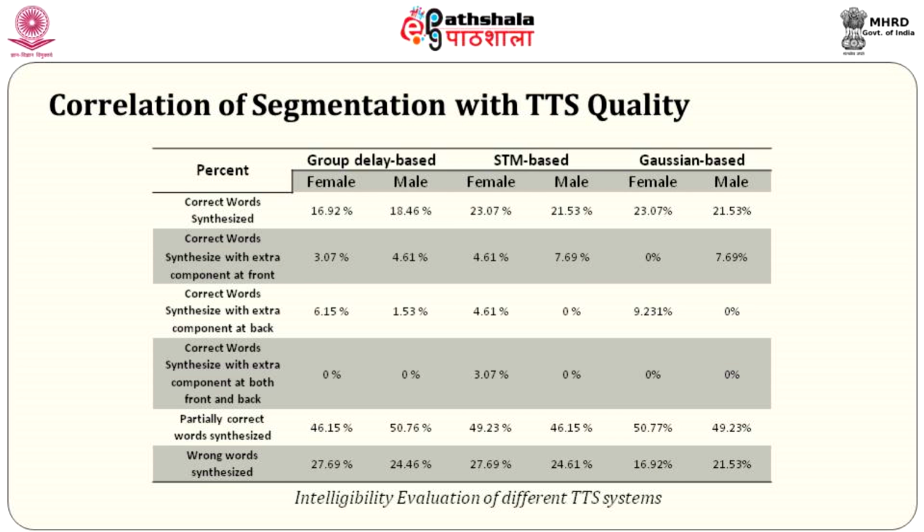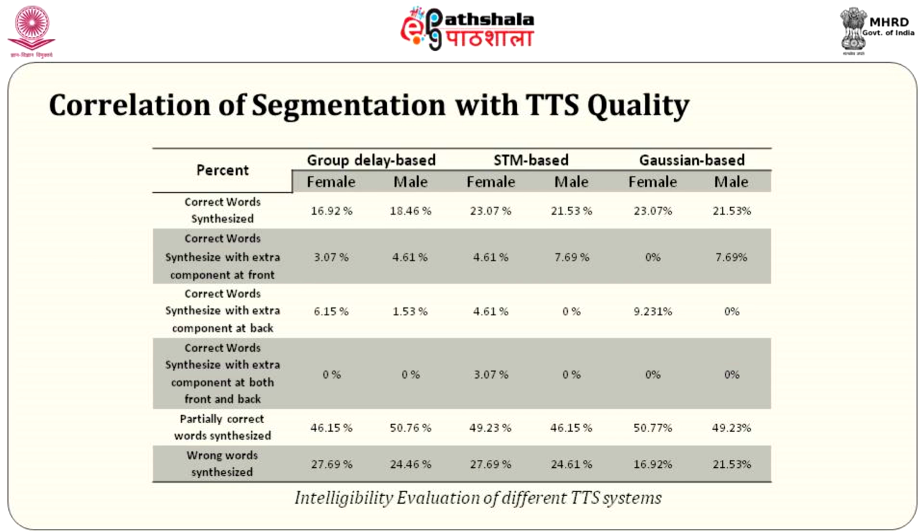The TTS is built using a Gujarati database of 38 minutes, consisting of 184 utterances as speech corpus covering 5,350 syllables. The table, which you can see, denotes the intelligibility evaluation of different TTS systems.